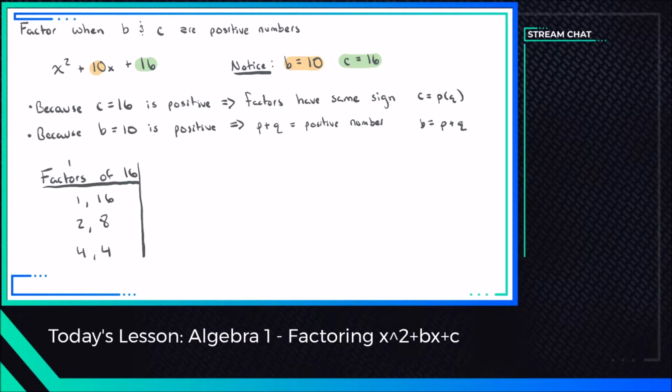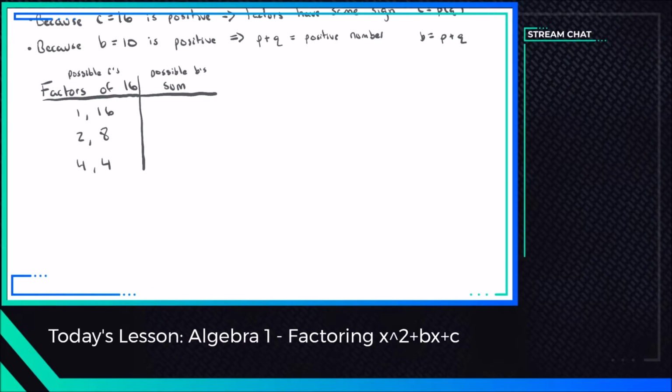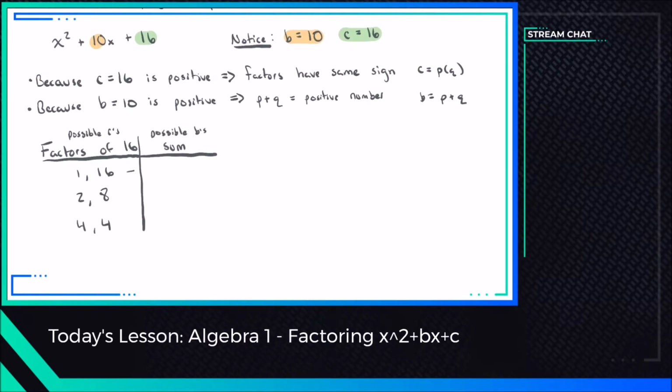These are our possible c's. Over here we can sum them together, and these will be our possible b's. So 1 plus 16 added together is 17. 2 plus 8 added together is 10. And 4 plus 4 is 8.